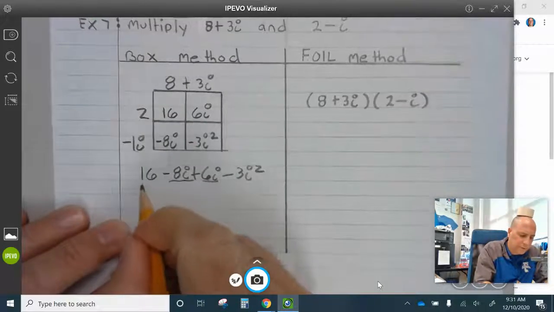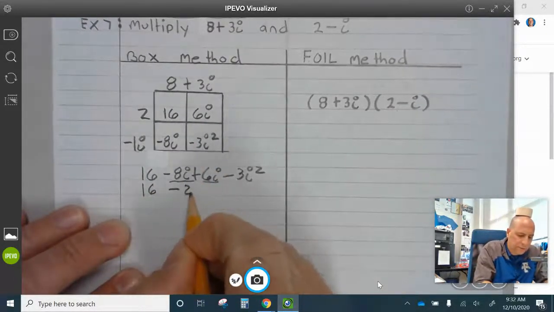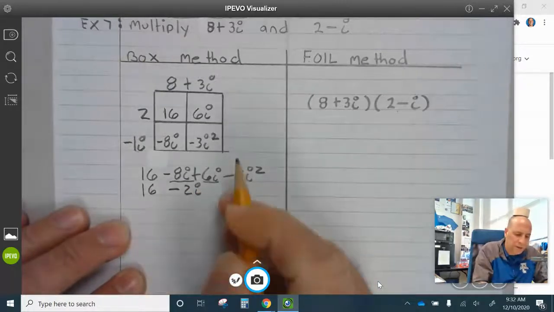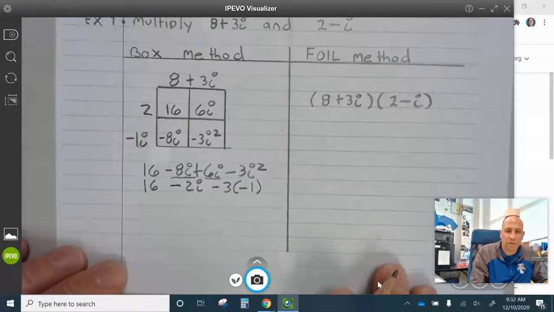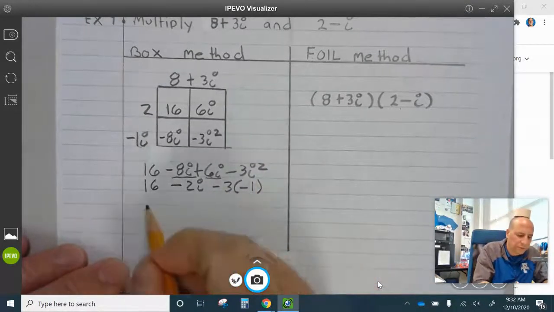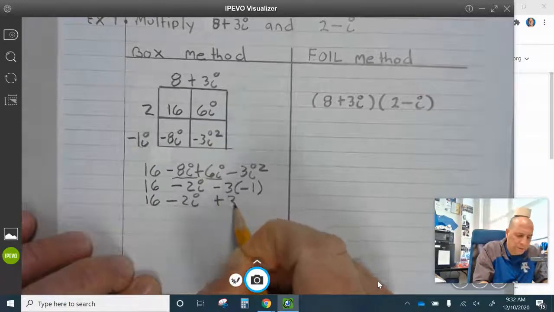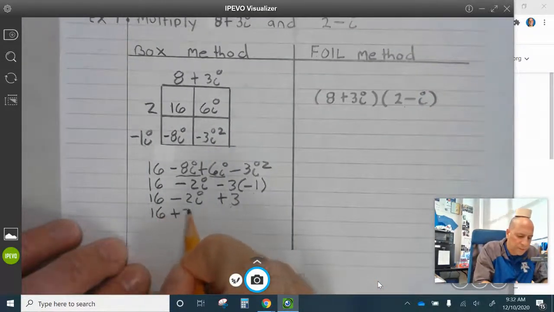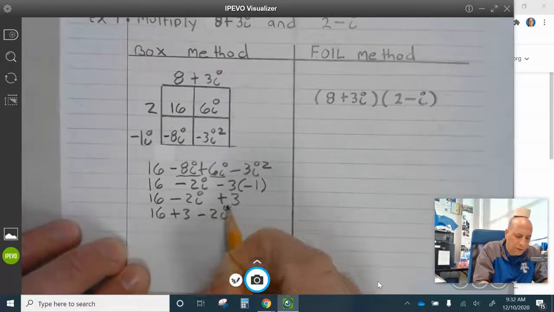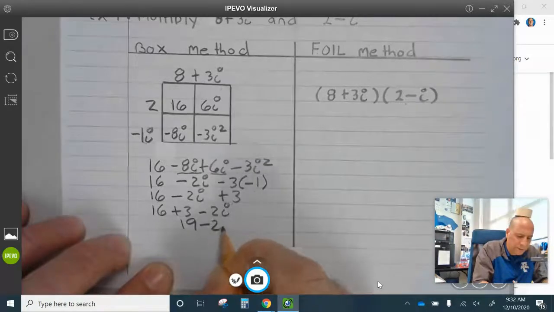So that's 16. Negative 8i and 6i is minus 2i. And then minus 3, i squared is negative 1. Well, a negative 3 times a negative 1 is a positive 3, so we get 16 minus 2i plus 3. We can group these together, so 16 plus 3 minus 2i. So then that's 19 minus 2i.